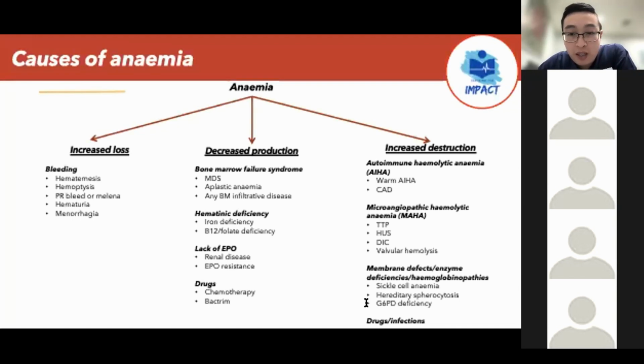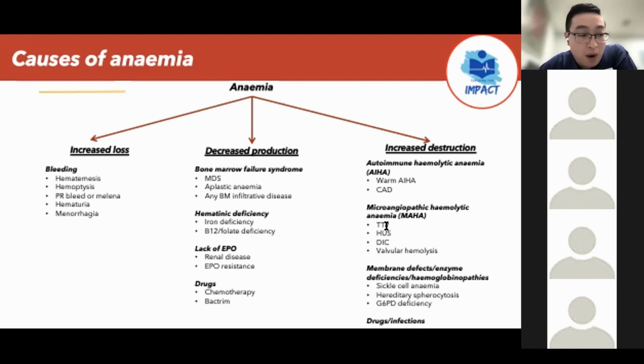So out of the non-immune mechanisms, I'm not going to talk too much about these membrane defects, enzyme deficiencies, and hemoglobinopathies. That's when the red blood cells are intrinsically screwed up, and when they pass through microvasculature, because they're screwed up in structure, they will lyse.